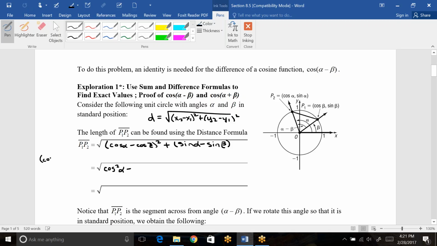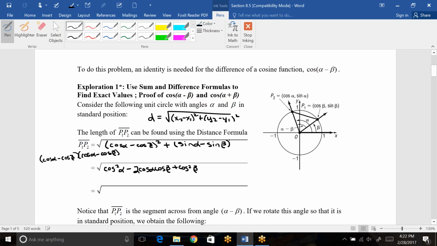The way I'm figuring this out is I'm actually doing this by writing it twice and foiling, in case you haven't done much multiplication with polynomials in a while. So this would be negative 2 cosine alpha cosine beta, and then negative cosine beta times negative cosine beta is plus cosine squared beta.